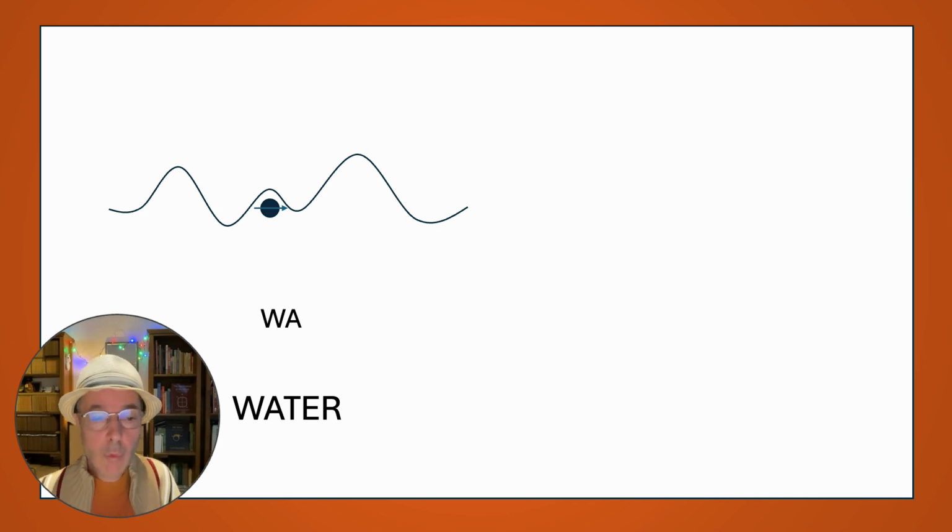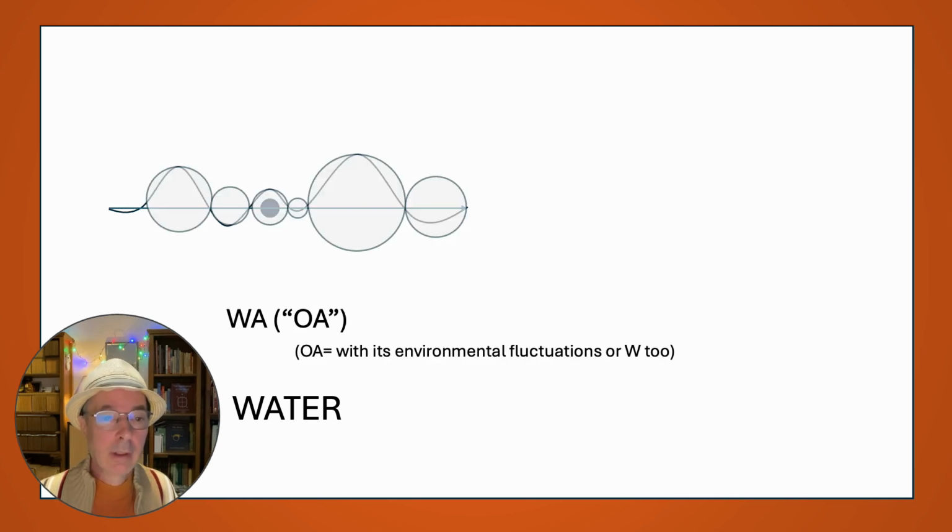So here just one wave of water comes out as wa, but we have wa, a combination of o and a, also showing that it's not just one wave we have here. The wa as water has the O in it.